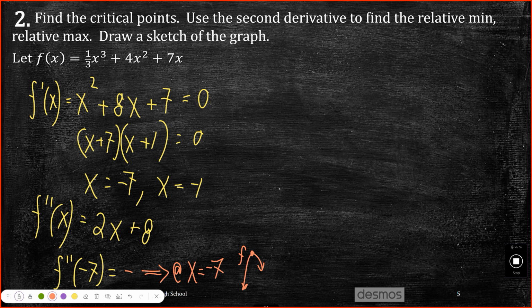And if we do f double prime of -1, that would be positive, meaning it's concave up, no? So then this has a relative min.